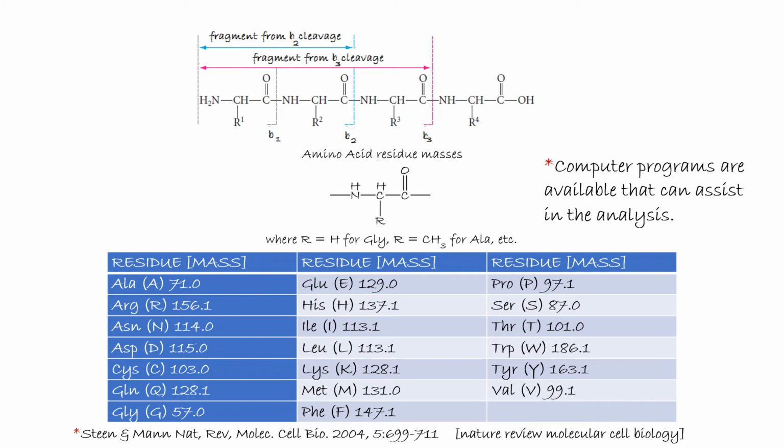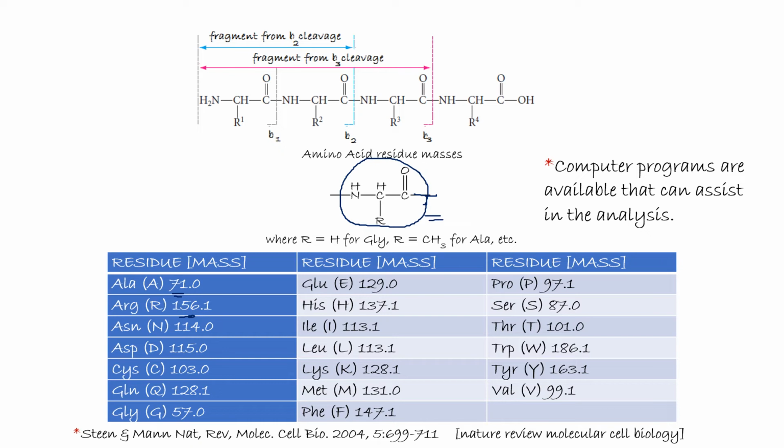The scientists put the mass unit for this part of each amino acid with the abbreviation: alanine means 71 M over Z, arginine 156, etc. And this is only for the NH-CHR-C=O unit, this part.